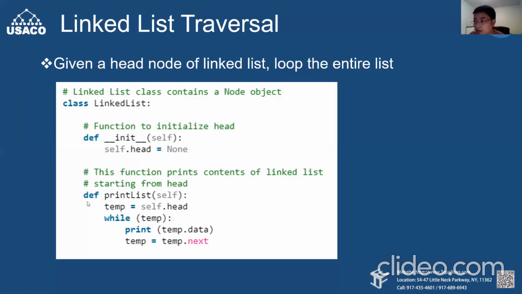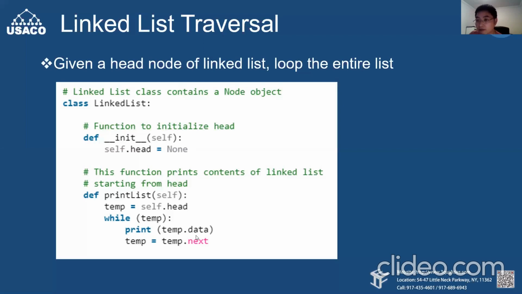Okay, so look at the code. First, I create a temp variable to hold the first node, or to hold the head. Okay, while temp, meaning is it existing or not? Is it none or not? If it's not none, fine.